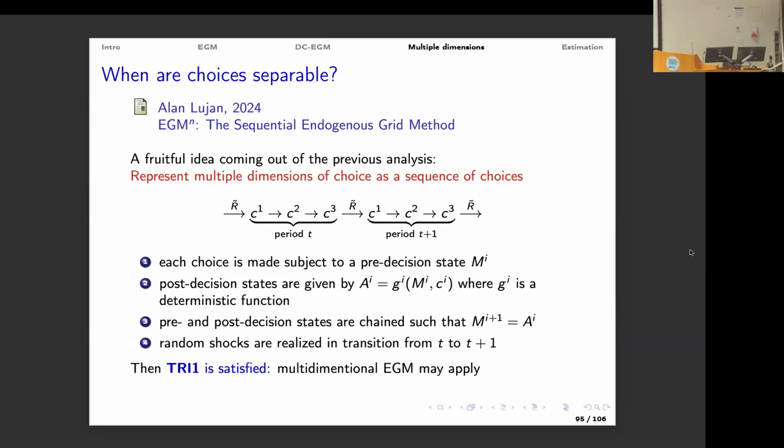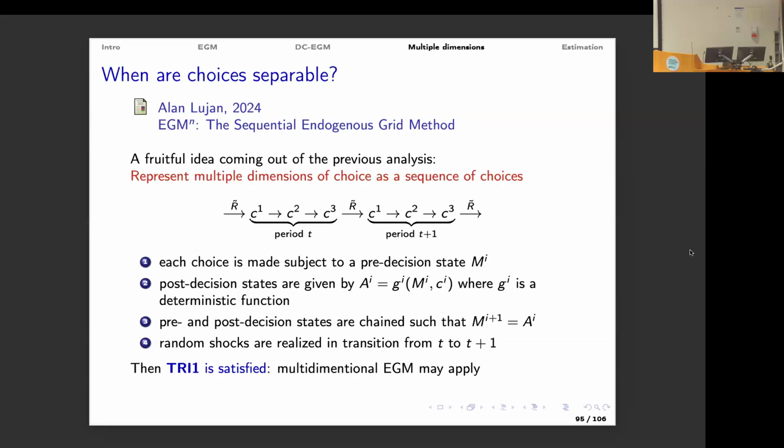Alan Luan has a paper recently about thinking of a decision process as a sequence of different choices. So you can think of this as sub-periods within a period where different things are decided, and then applying the EGM ideas to this. You can look at this problem and conclude that this triangular structure is satisfied.